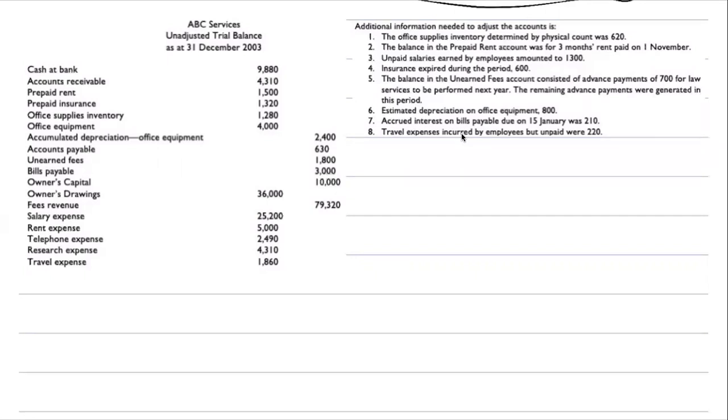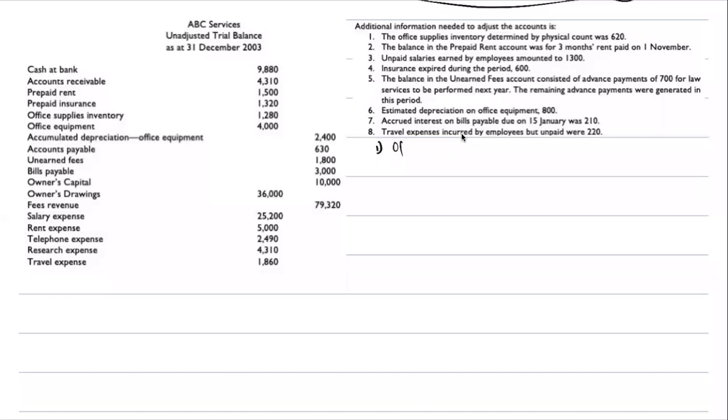Our office supplies inventory is 1,280 per our unadjusted trial balance. We need to have an ending balance of 620. So how much should we remove? 660.